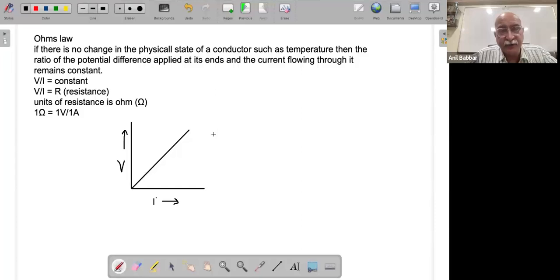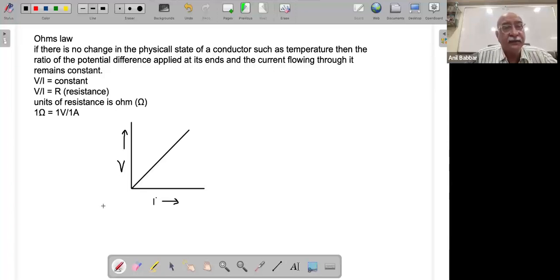And those conductors which obey Ohm's law are called ohmic conductors, like metals. And those which do not obey Ohm's law are called non-ohmic conductors, like diodes, right?